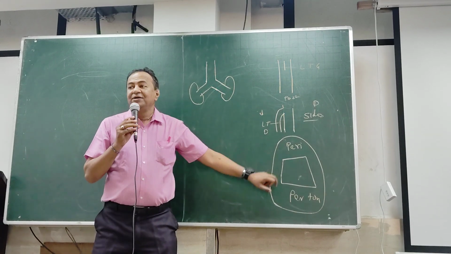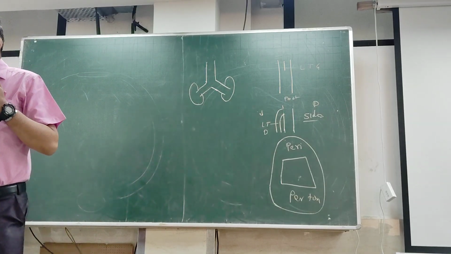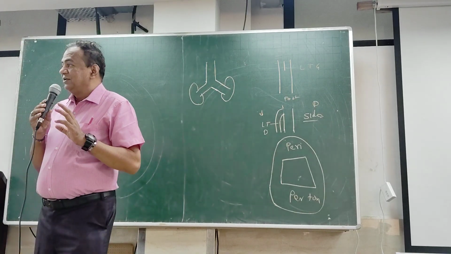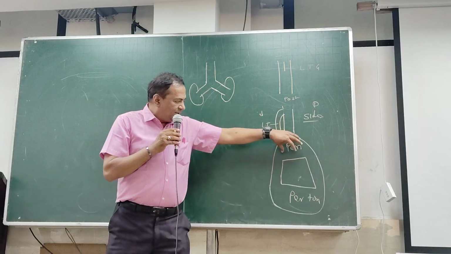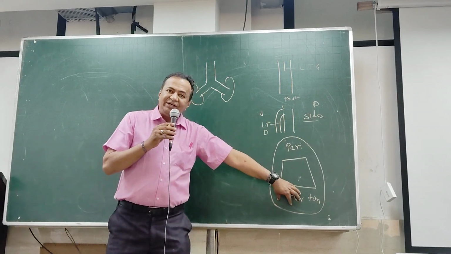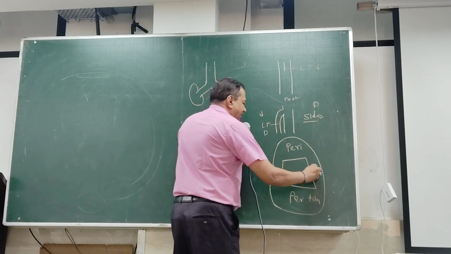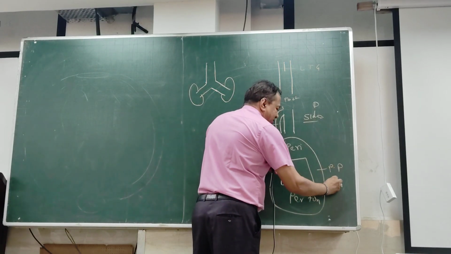What are these? From this, pericardial cavity develops from here, peritoneal cavity develops from here, and pleural cavity develops from pericardio-peritoneal canals.